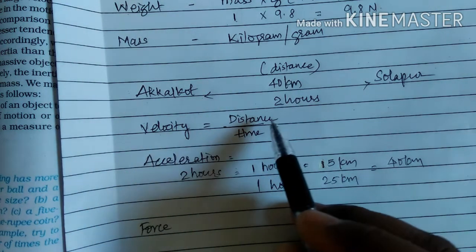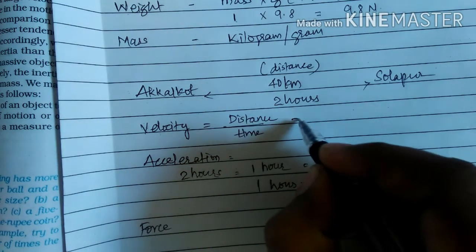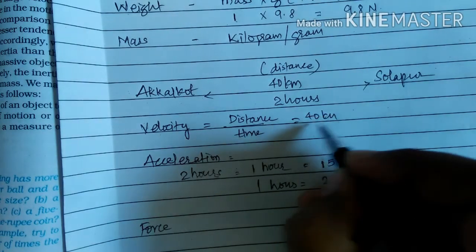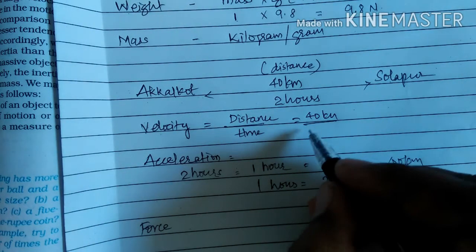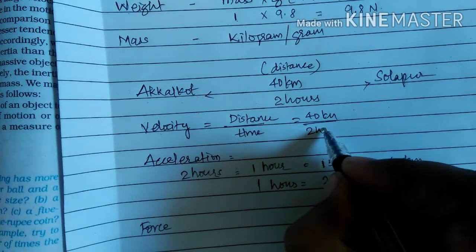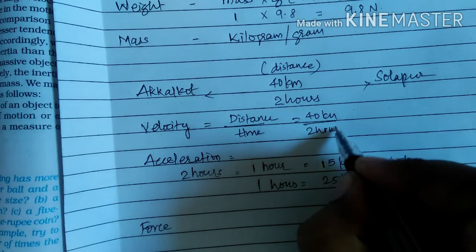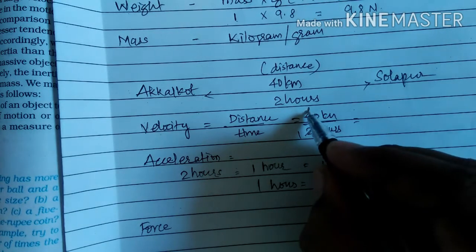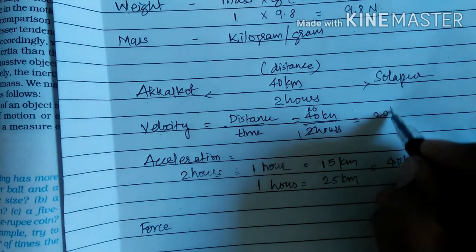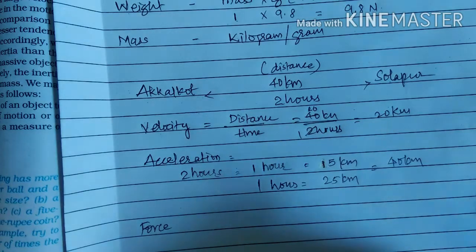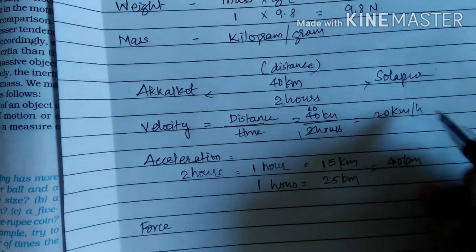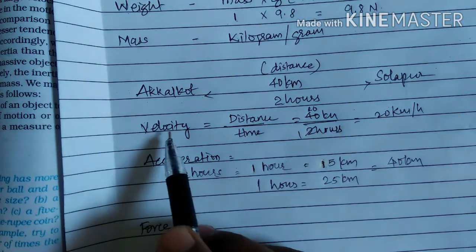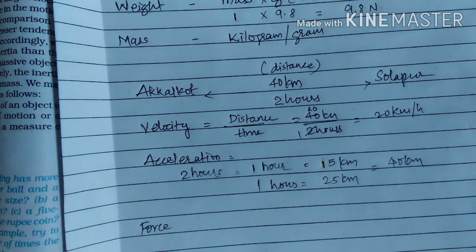Velocity means distance, that is 40 kilometer, divided by time taken by the bus, 2 hours. It becomes 2 into 2, 2 to the 4, means 20 kilometer per hour. This is the velocity of that bus.